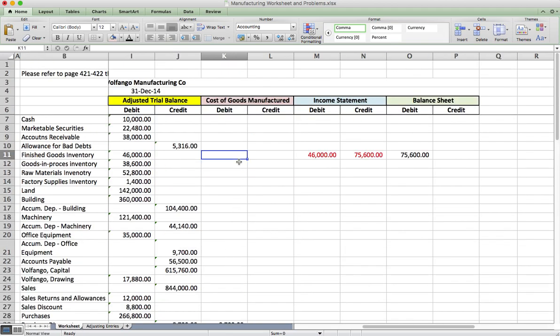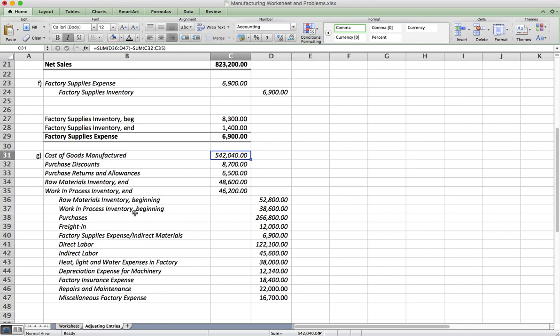So, beginning balance ng raw materials, since naka-debit side sila, tatanggalin ko na, gagawin kong credit. Okay? Okay. Now, next, ano naman? Yung mga raw materials inventory beginning.